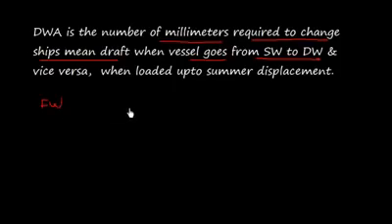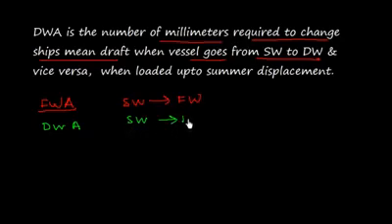In case of freshwater allowance, the vessel goes from salt water to fresh water, and the change in the draft is called freshwater allowance. However, in case of dock water allowance, when the vessel goes from salt water to dock water and vice versa, the change in the mean draft is called dock water allowance.